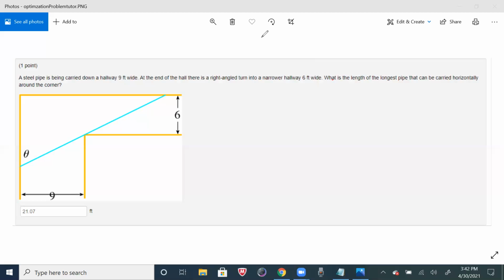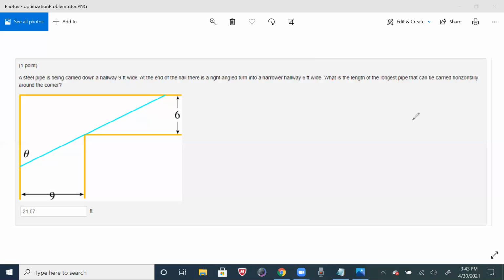So when you are optimizing, you want to figure out what is it that you're optimizing. Well, we're optimizing the length of this line, right? And we need a formula, because if we can express the length of this line in terms of theta, then we can optimize by taking the derivative of it and setting it equal to zero.